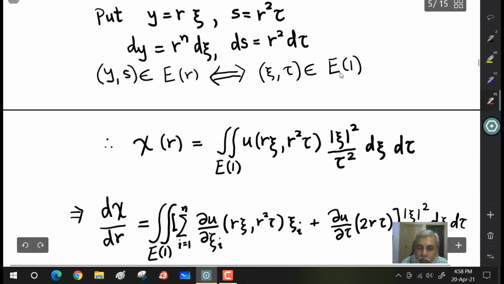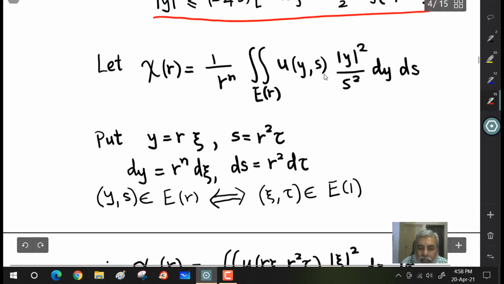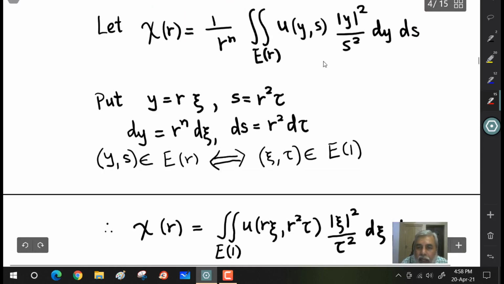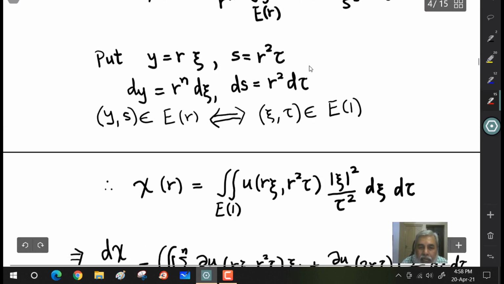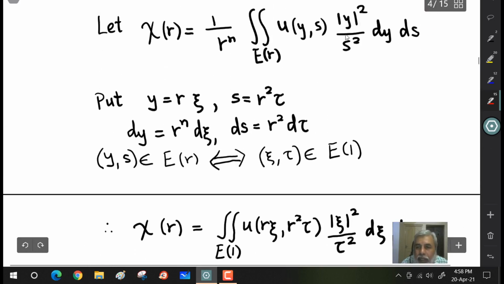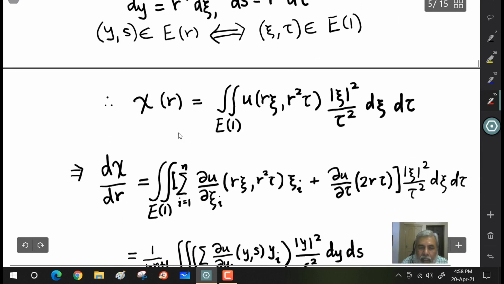So that reduces to E(1), and a simple computation shows that chi of r, which is given by this, is equal to the integral over E(1) of u(r xi, r squared tau) times |xi|^2 over tau^2 d xi d tau.